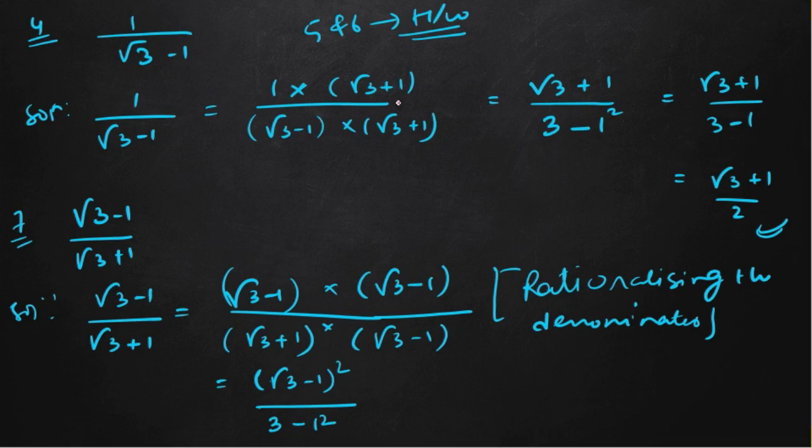So 1 into something will be as it is, and root a minus b, the answer will be a minus b square. If we solve this, we will get the solution. Again you can see in the final answer the denominator is 2, so it is a rational number, so we are successful.